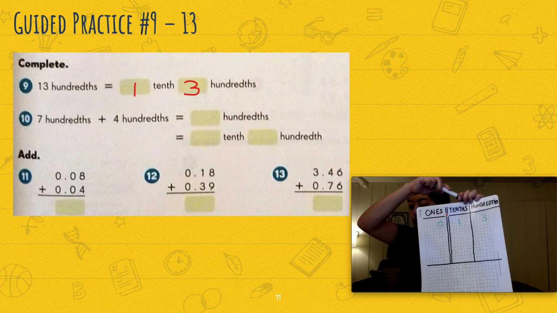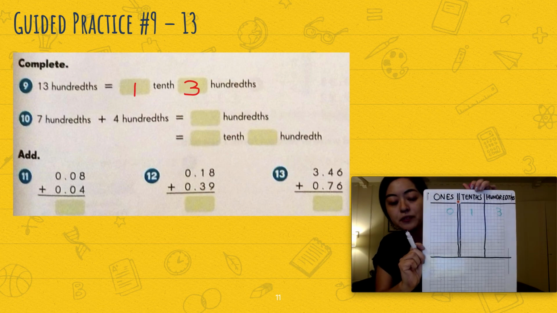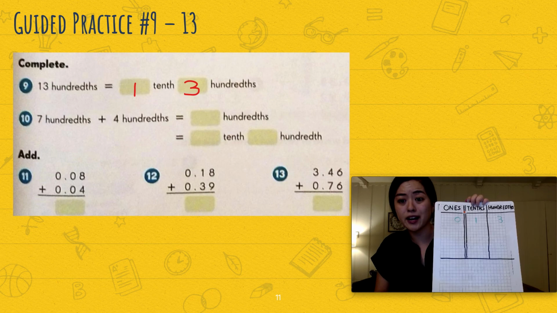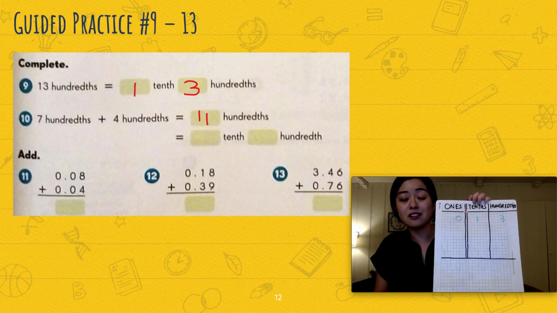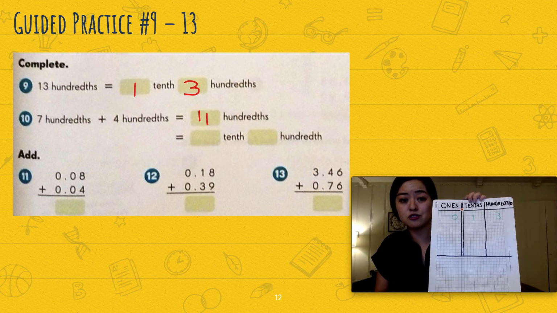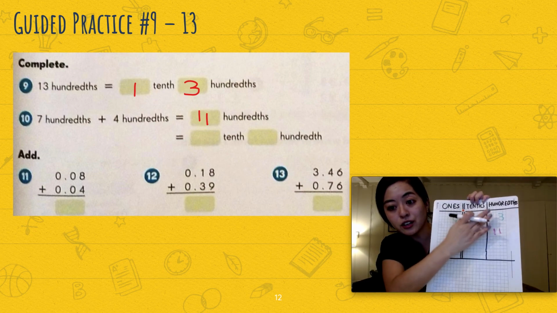I'm going to use another color because I'm not sure if you can see that green very well. So 7 hundredths and 4 hundredths, when you add them together, make how many total hundredths? 11 hundredths. Okay, now we have to regroup the 11 hundredths to change them into tenths and hundredths. So can I write 11 in this column for the hundredths?